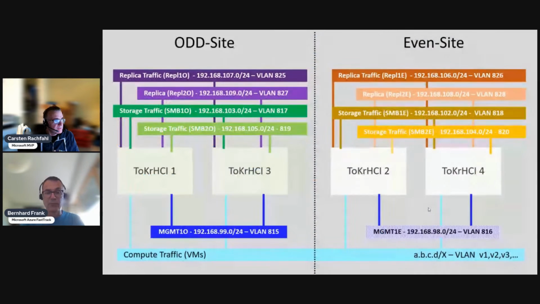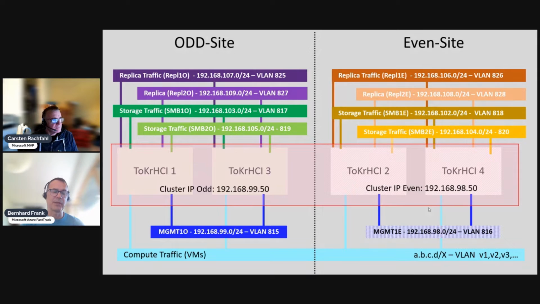But before we do that, there is one difference between a stretch cluster setup and a regular one. Well, there are many differences, but the one at this stage is that with a regular cluster, you have one cluster IP address. In this stretched cluster, you have two management networks, one on each side, with different IP address ranges. Therefore we also need a different IP address valid on either the first management network or the other one.